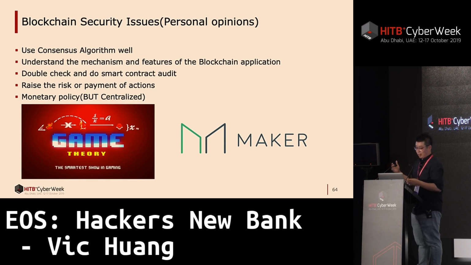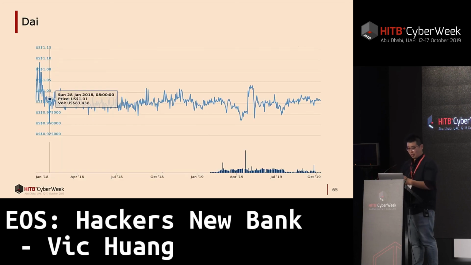And the last one is monetary policy, like the interest rate going up or down in real money, but actually that is centralized. But we have a good example of this among applications on the blockchain, named Maker or MakerDAO, and its currency is named DAI.